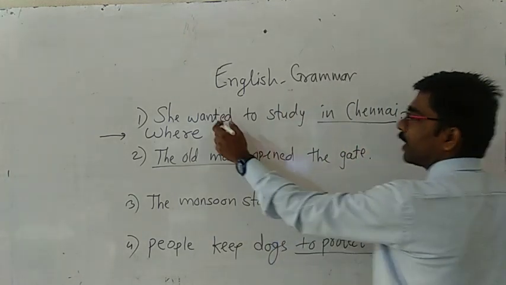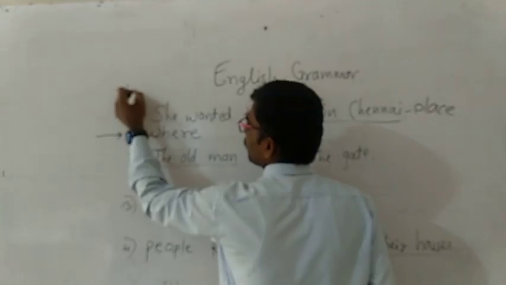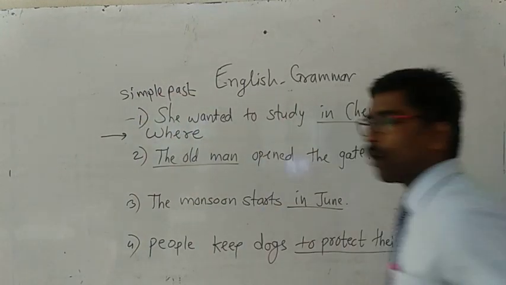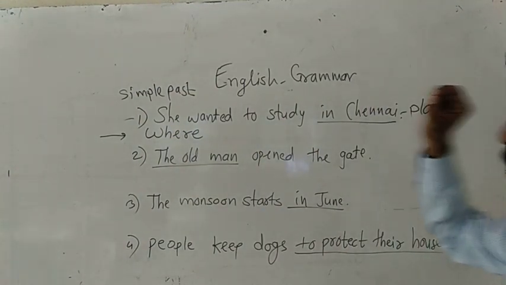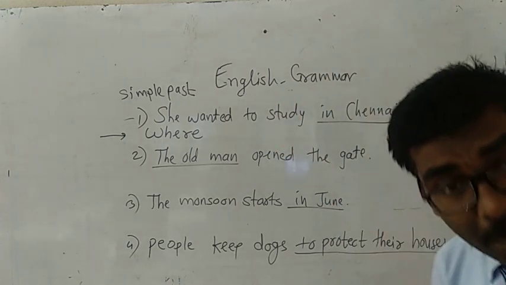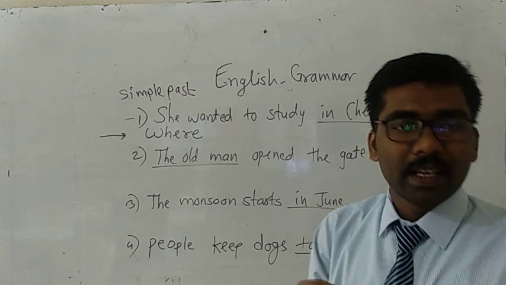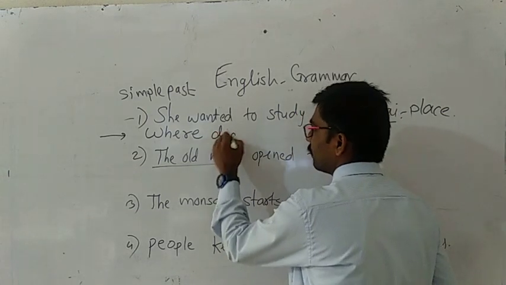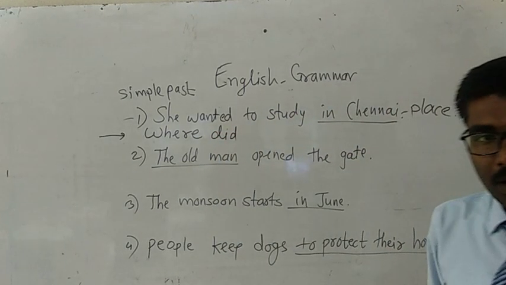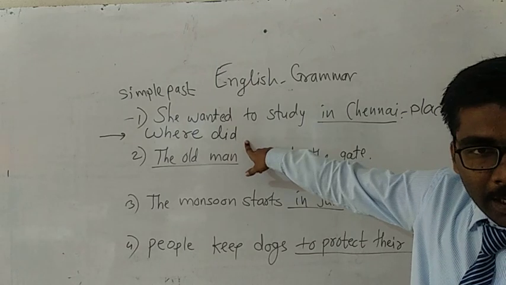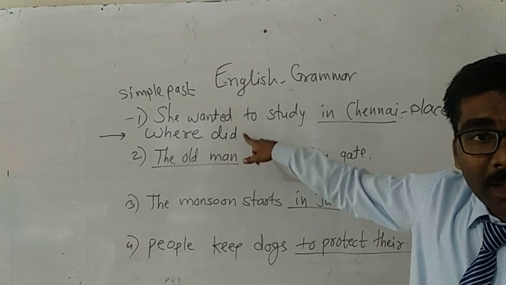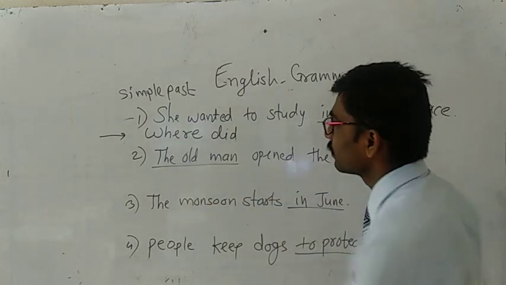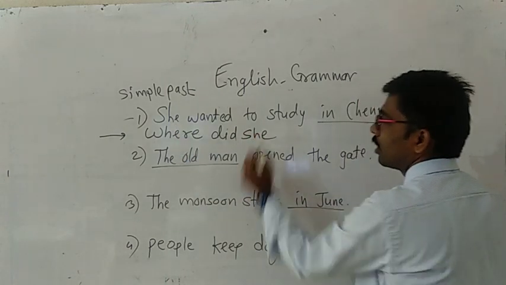So she wanted is a simple past. She wanted, it is a simple past, and in simple past did is the helping verb. So did I have taken here. After helping verb, subject is she.